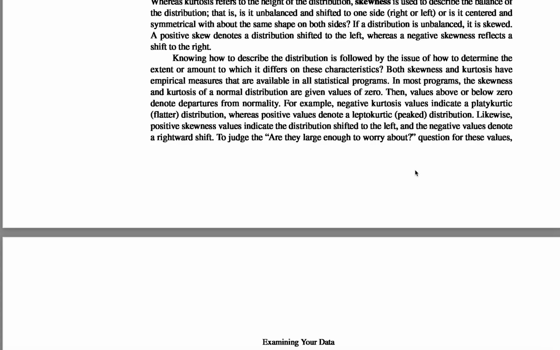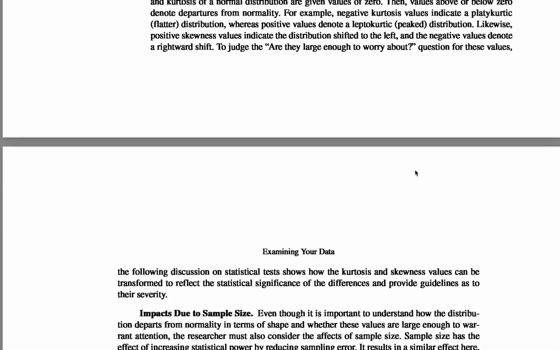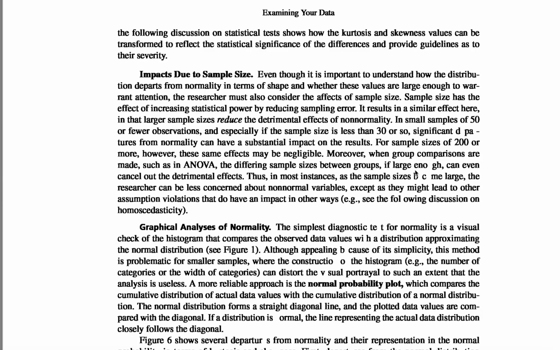Likewise, positive skewness values indicate a distribution shifted to the left, and negative values denote a rightward shift. To judge whether they are large enough to worry about, we examine the ratio of these values. The following discussion of statistical tests shows how kurtosis and skewness values can be transformed to reflect statistical significance of the differences and provide guidelines as to their severity.